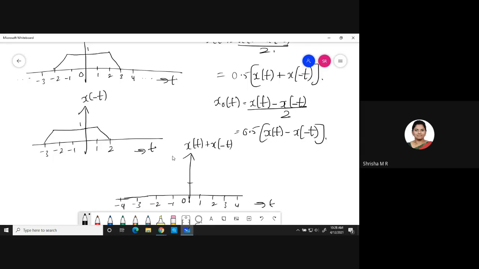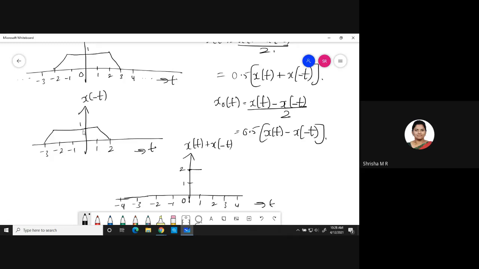So this is 1 and this is 2. Fine. So your signal is here 2. Now at time instance 1, what is the amplitude? For x of t it is 1. Similarly for x of minus t also it's 1. So it's 2, 1 plus 1 it is 2. So this will continue like this.